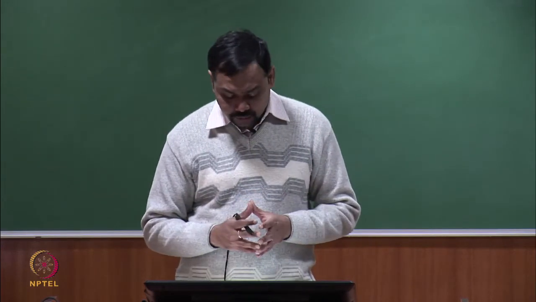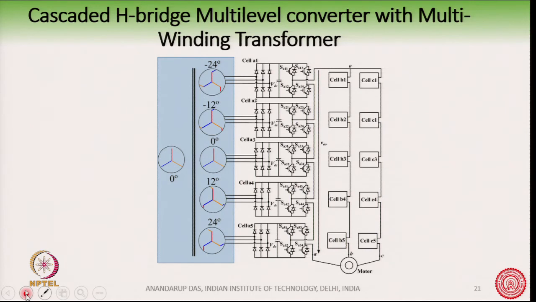let me show you how the zigzag transformers or these multi-pulse transformers can be used in, suppose, a cascaded H bridge converter. We had seen that cascaded H bridge converters required a large number of isolated DC sources. These DC sources can of course be fed from 3-phase diode bridge rectifiers like this here.